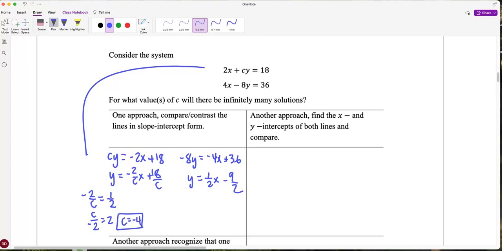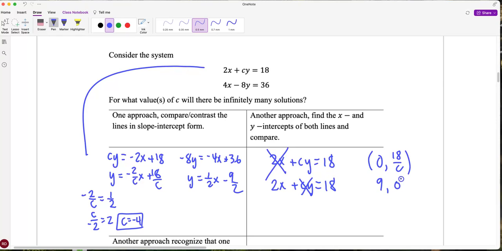Another way to approach this is to look at the x and y intercepts. So 2x plus cy equals 18. If x is 0, then you know that the y-intercept is what? 18 over c. And if y is 0, then you get 9, 0.